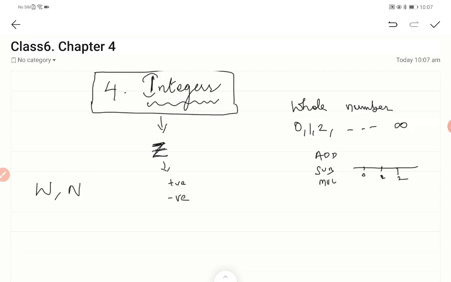So you can say that in integers you have positive natural numbers and negative natural numbers.